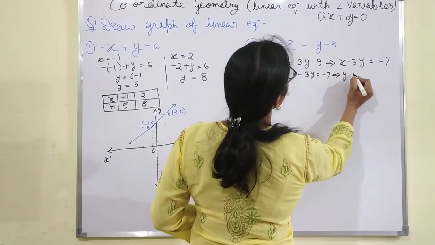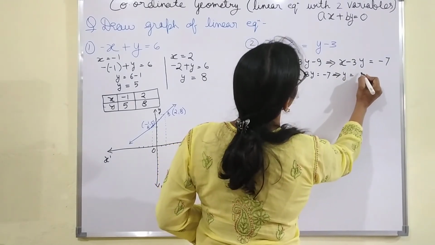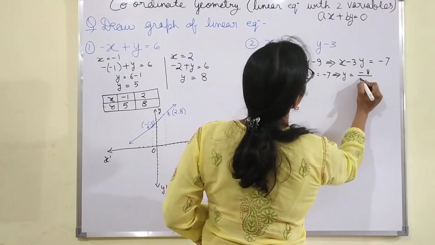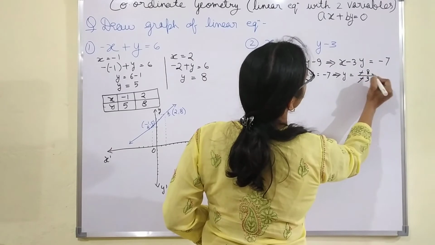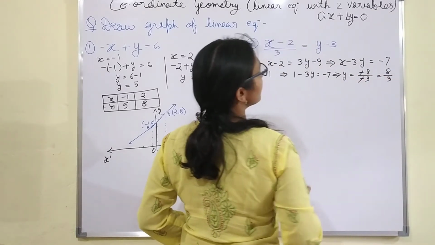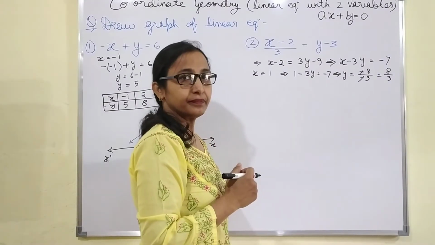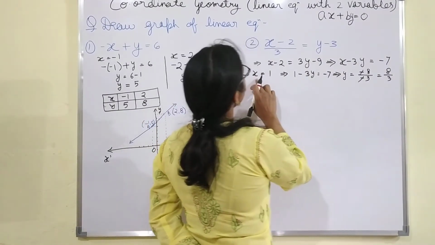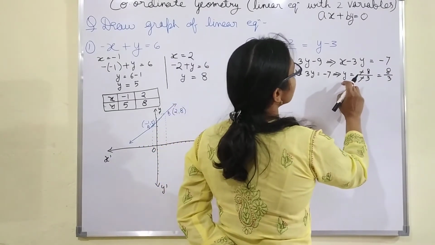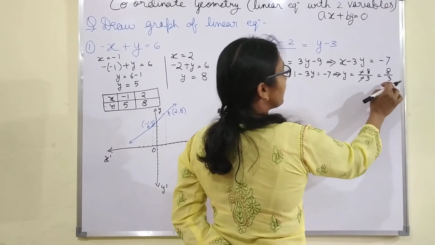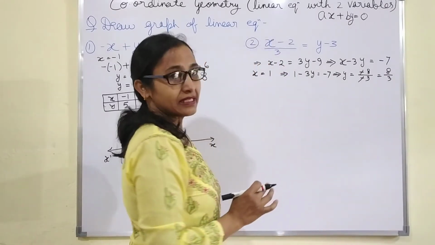So y equals to minus 8 upon minus 3. That will be 8 upon 3. See, if we take x equals to 1, our value of y will be this. So the value will come in decimal.